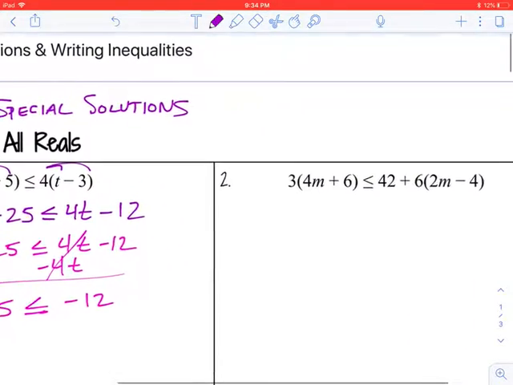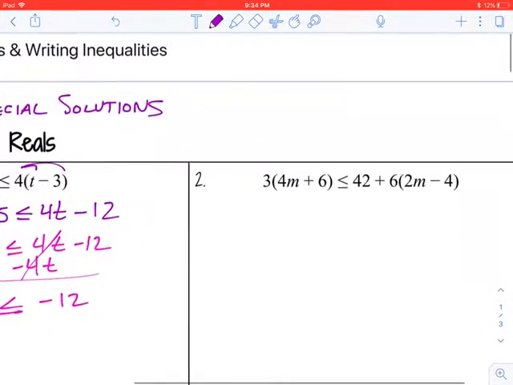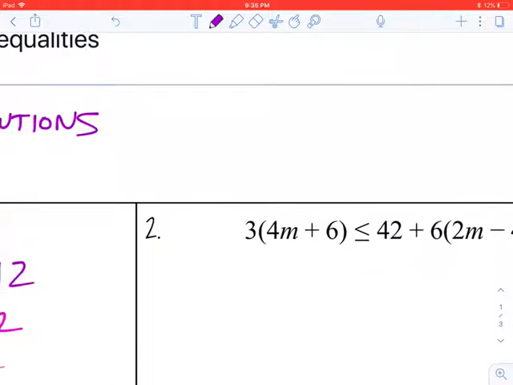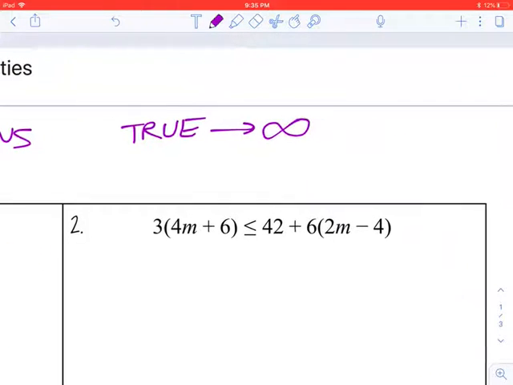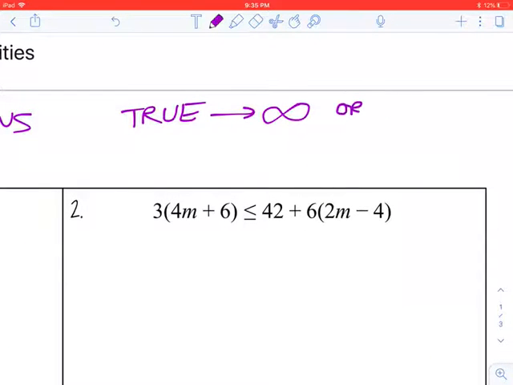So let's back up here. Something you probably want to write down is, if it's true, your answer is infinity, or all real numbers. Either one.